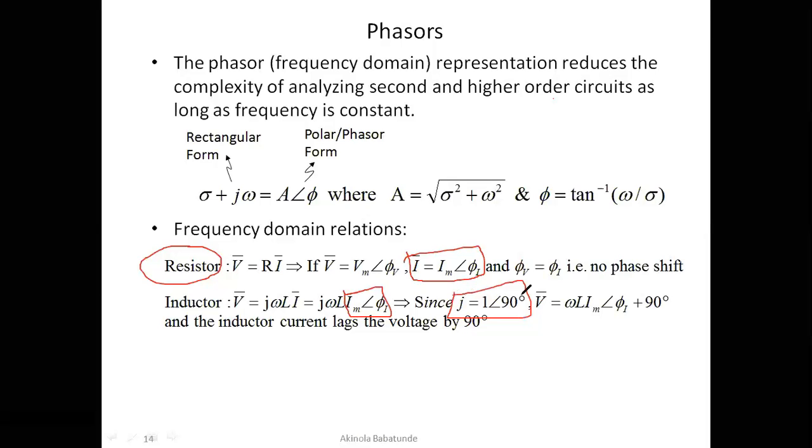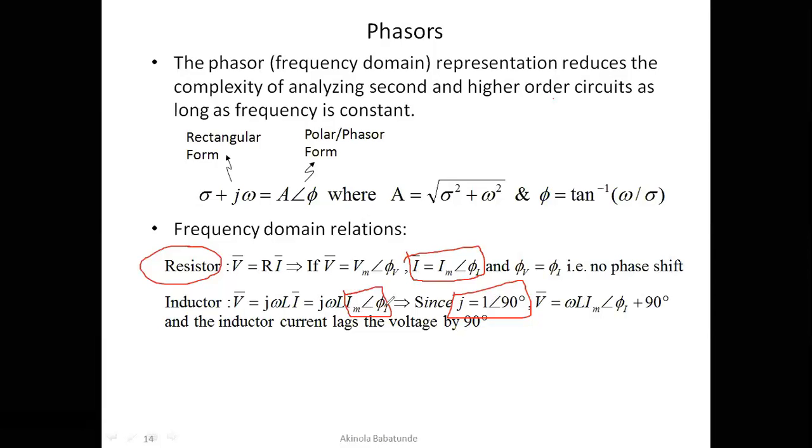We mentioned this a few discussions ago. So if you replace this j with that, V will be equal to 1 with phase of 90 degrees multiplied by wL and Im.